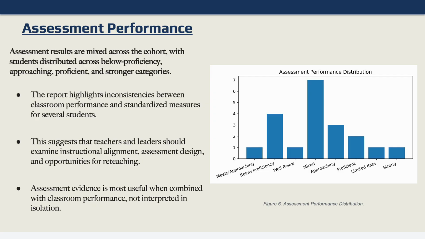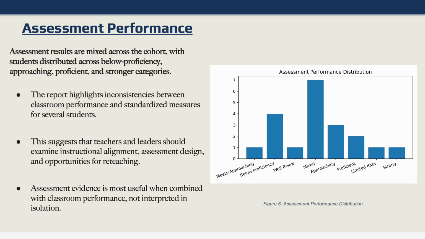These results in this data dig are mixed across the cohort, with students distributing performances at below proficiency, approaching proficient, and some that are even stronger. And this report shows us that there are inconsistencies between classroom performance and the standardized tests that are given.